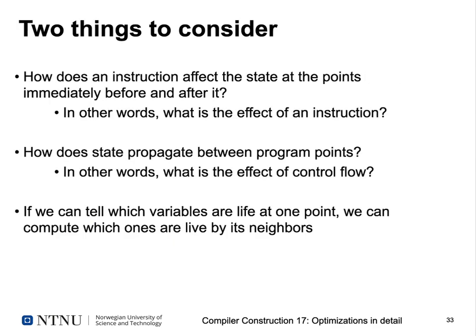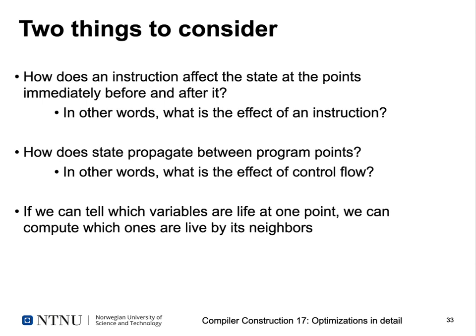So when we have defined program points, we need to consider two different things. The first thing we need to consider is how does an instruction affect the state at the points immediately before and after it. An instruction can invalidate the liveness of a variable, or it can create a new liveness for a variable. In other words, generally, what is the effect of this instruction we're just considering at the moment?